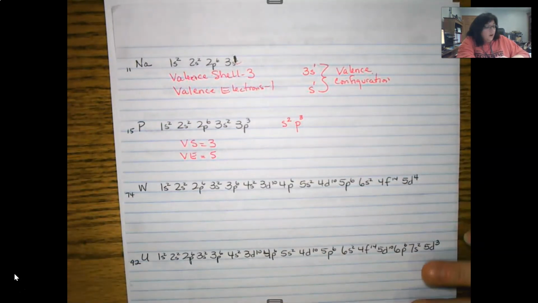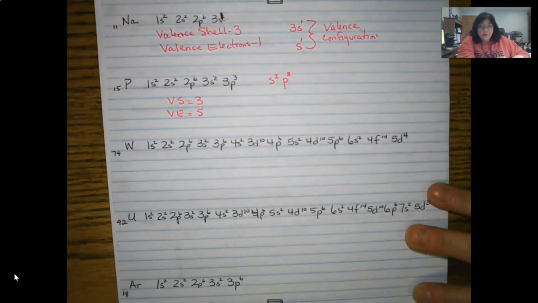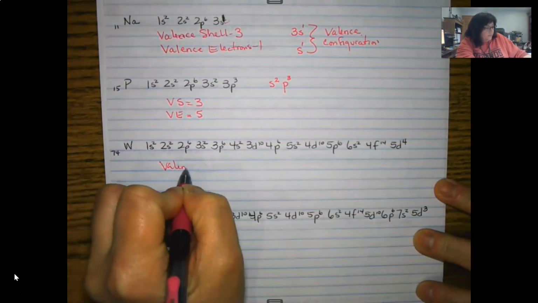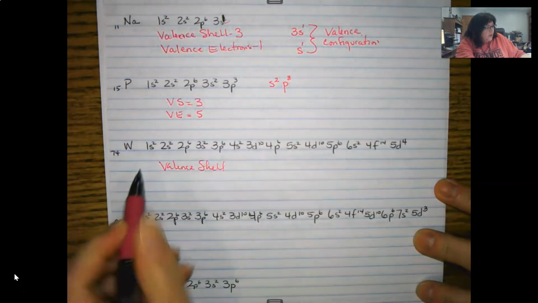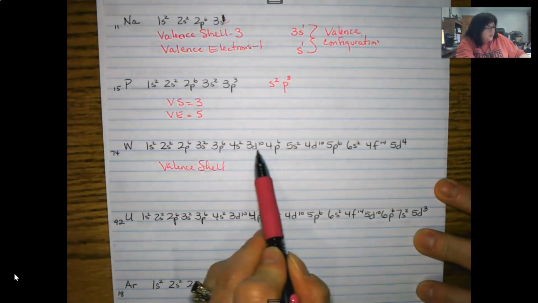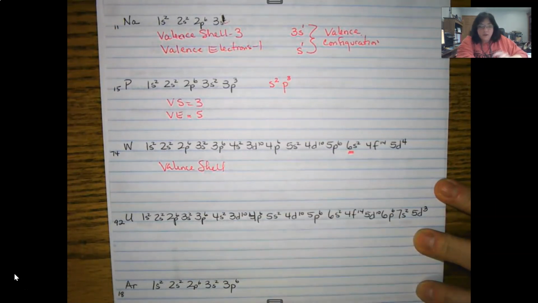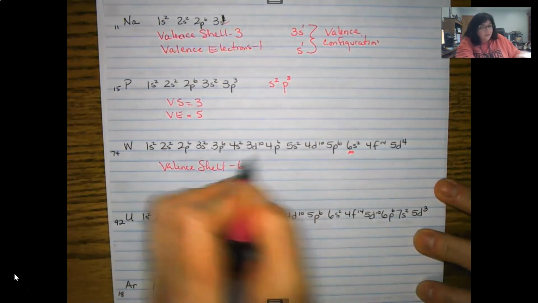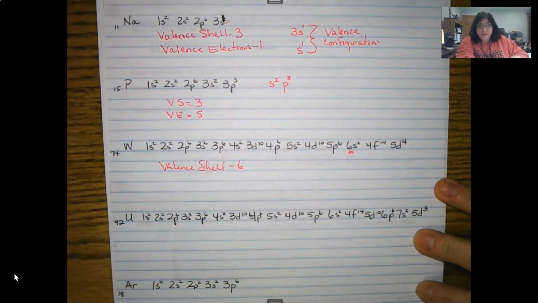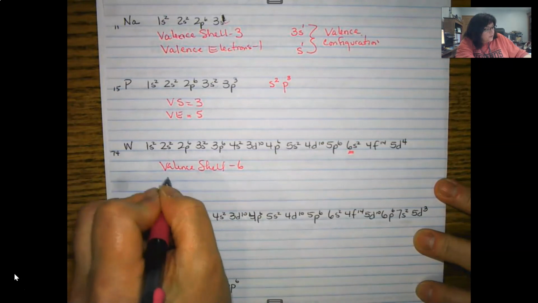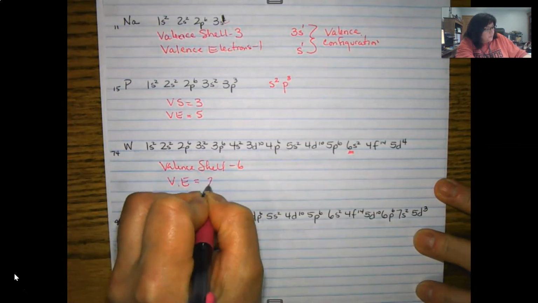All right, if we go to tungsten, further on down the periodic table, okay, valence shell. As we go through our list, what's the highest number that you see? 6. Okay, so for tungsten, valence shell is 6. How many electrons do you see? Well, all I see is 6s2, so valence electrons, there's 2.